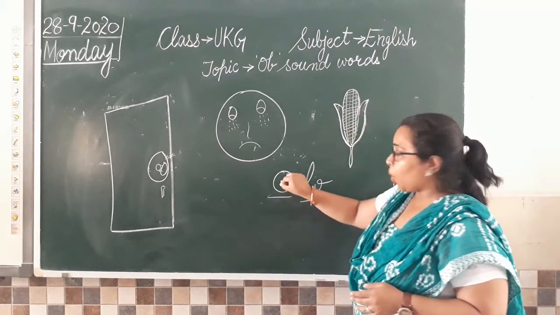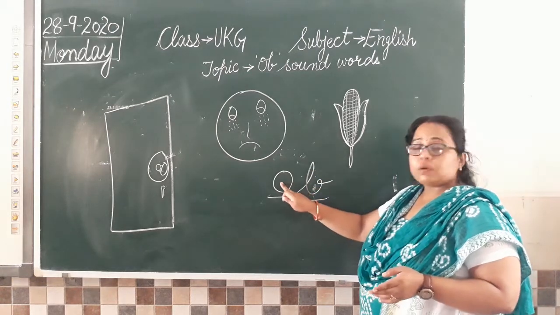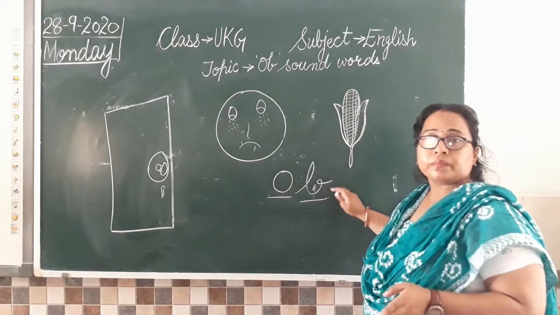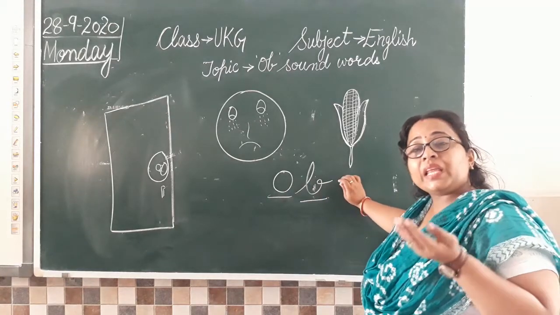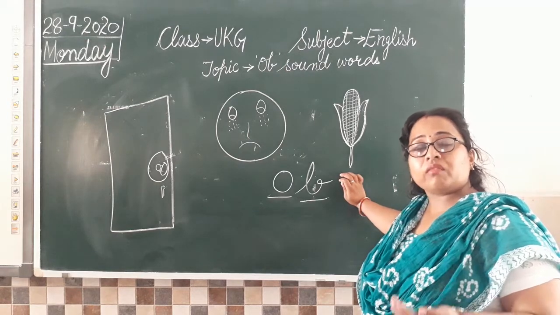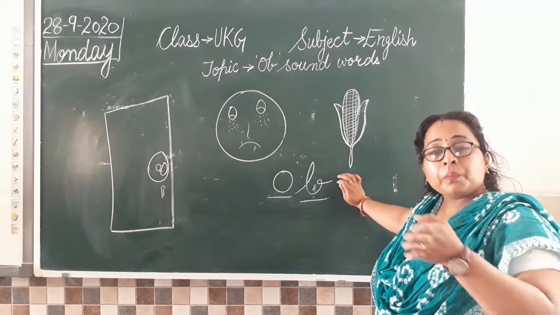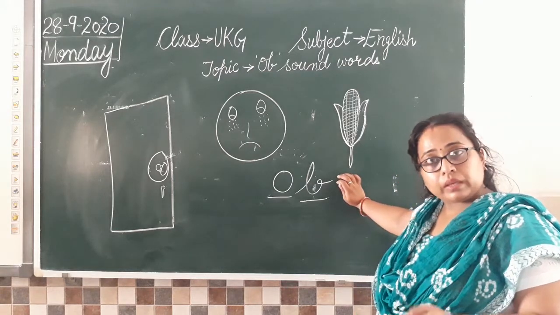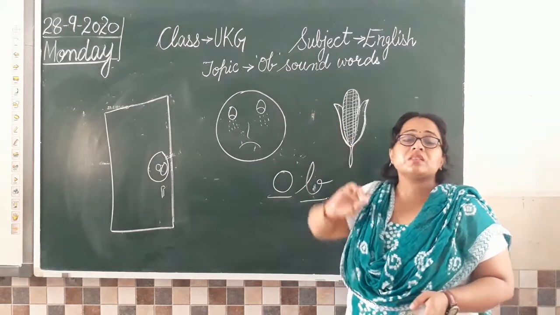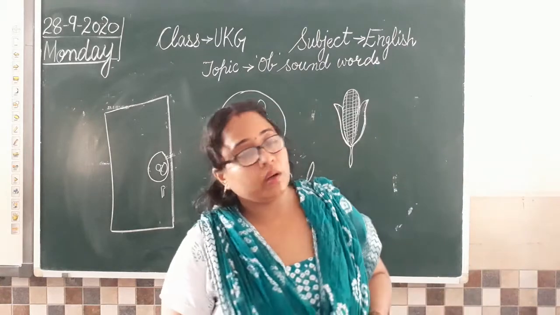Again I am telling O, B, O. इसका साउंड O होता है O और इसका साउंड होता है B. So please, when you are repeating with me during the class, आप बहुत अच्छे से उसको लर्न कर पाते हैं, रिवाइज कर पाते हैं. So class, please say with me, O, B, O. Clear? So the sound that we are going to do today is ob sound. O, B, ob sound. Okay?